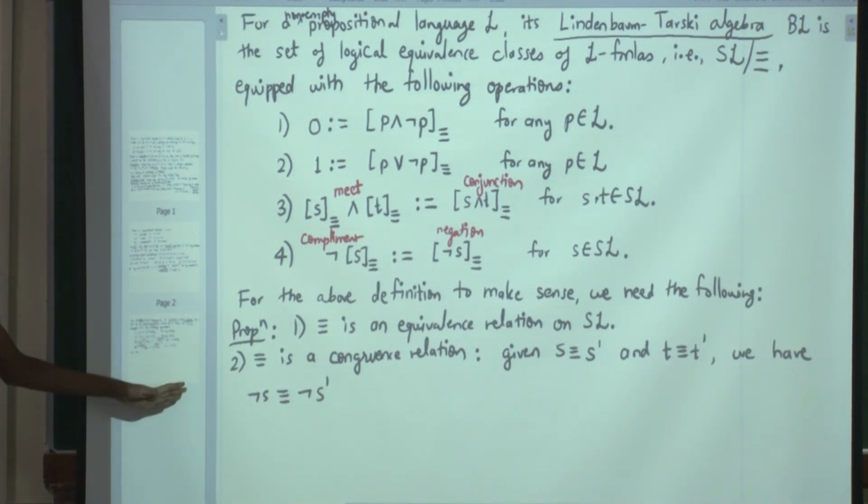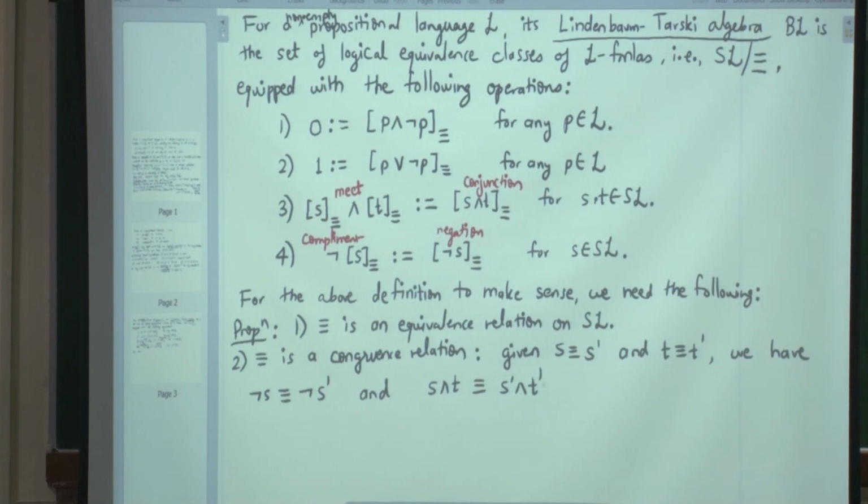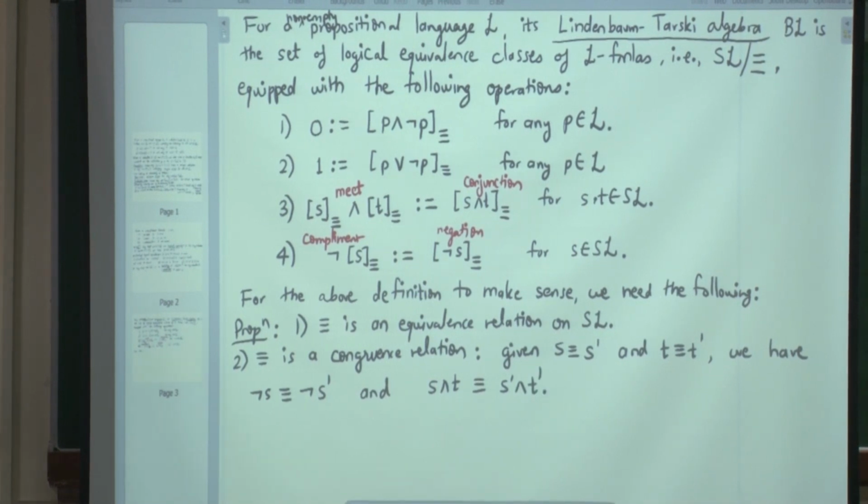All of you followed this? Okay. Then second property, that S conjunction T is logically equivalent to S prime conjunction T prime. So let us repeat the argument.